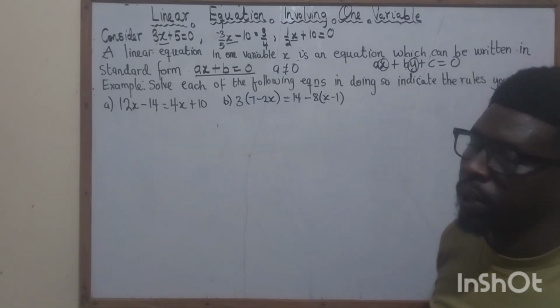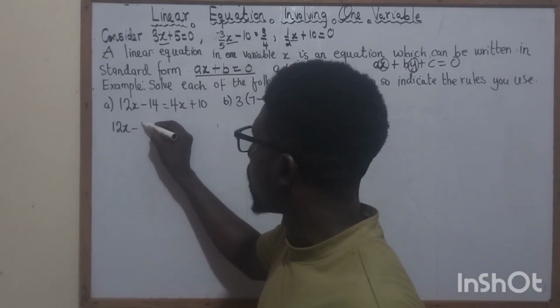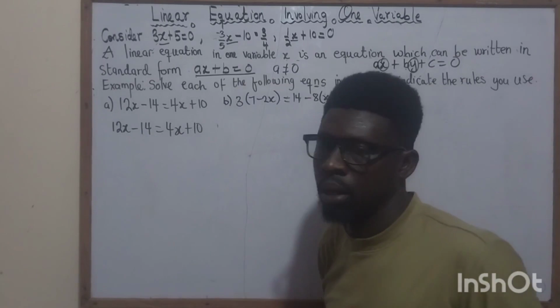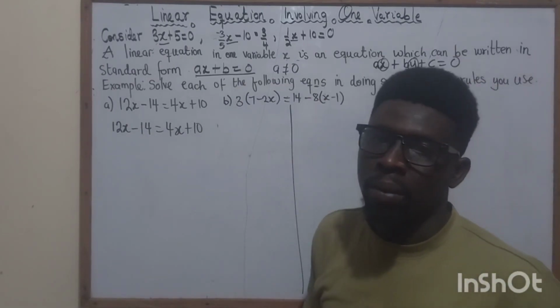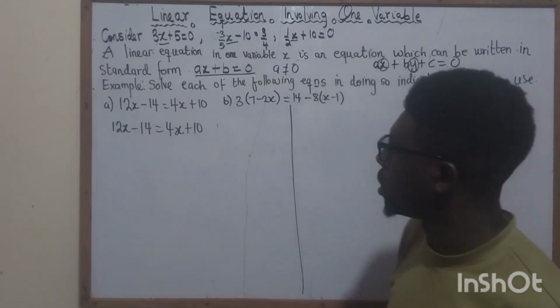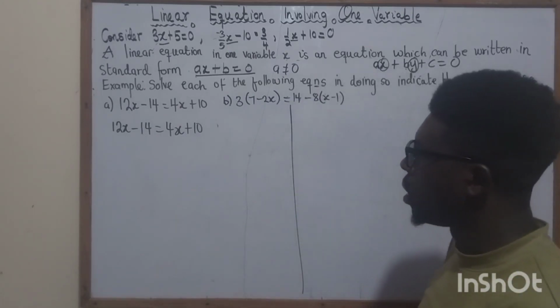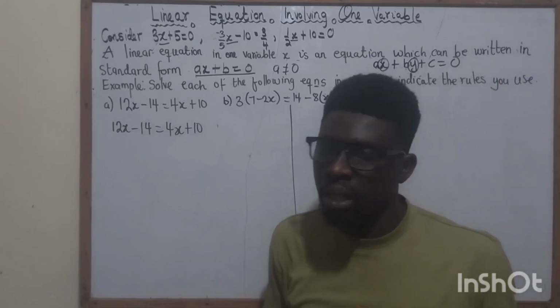Let's take the first one, which is 12x - 14 = 4x + 10. We are asked to solve this equation and indicate the rules we use.